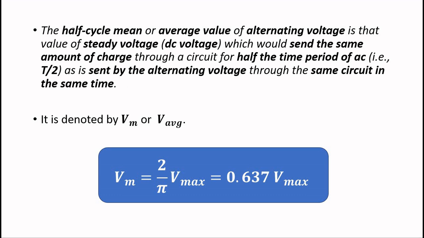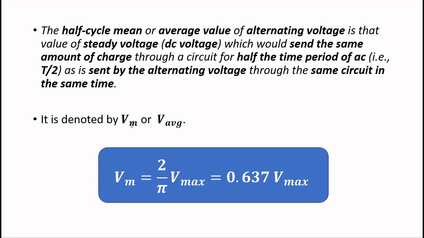So the half cycle mean or average value. Why are we using the half cycle? Because if we consider the total cycle, the average value will become 0. The half cycle mean or average value of an alternating voltage is that value of steady voltage, an equivalent DC voltage which exactly represents that alternating voltage, which would send the same amount of charge through a circuit for half the time period, that is T by 2, as is sent by the alternating voltage through the same circuit in the same time.